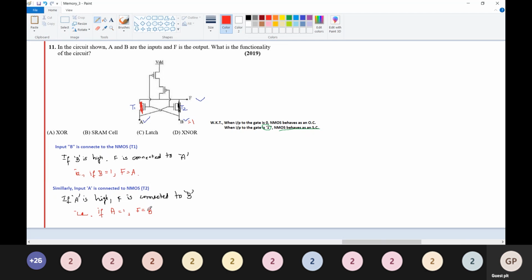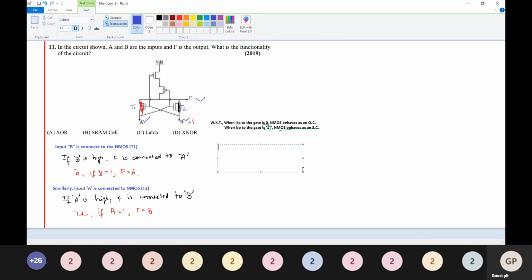Right. And now, if both the inputs A and B are 0, what will happen?